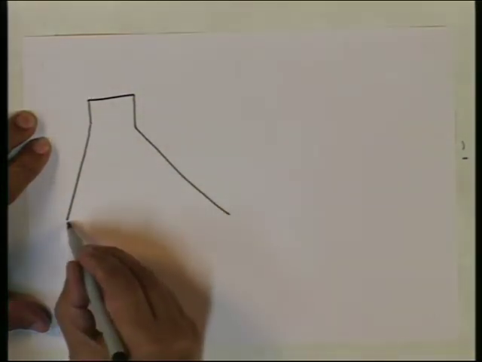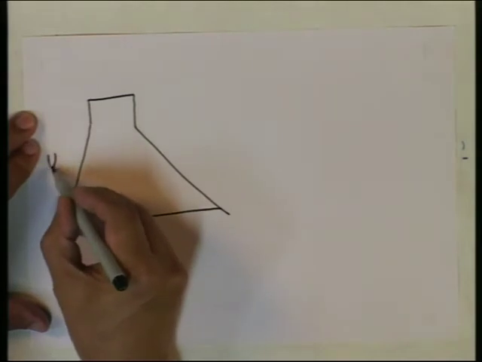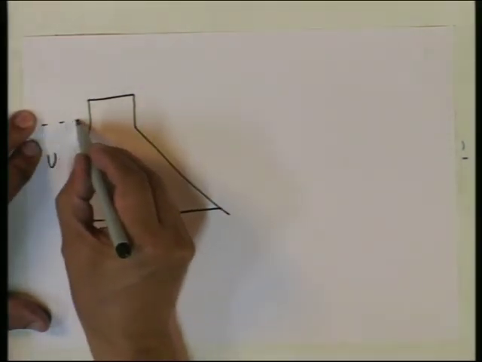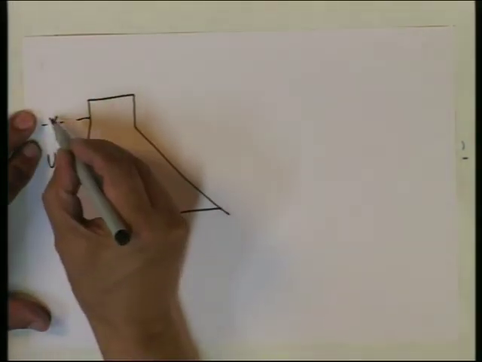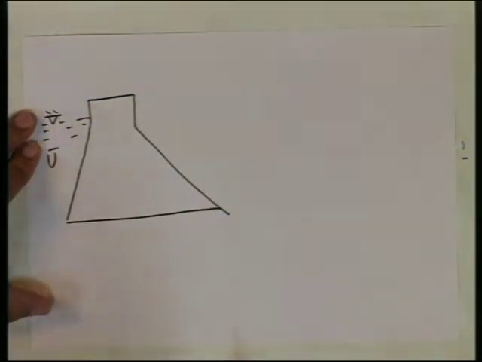That is upstream, this is downstream, and water is up to here. So, this is the dam cross section.